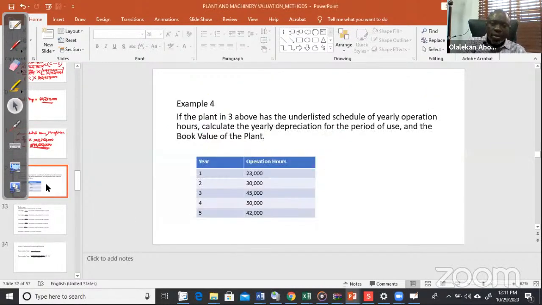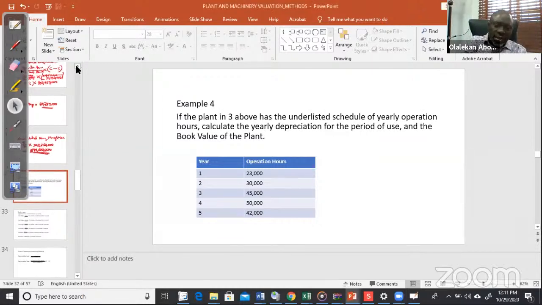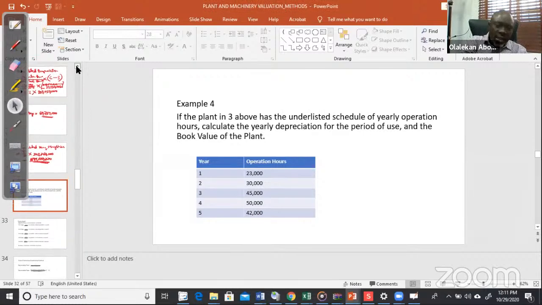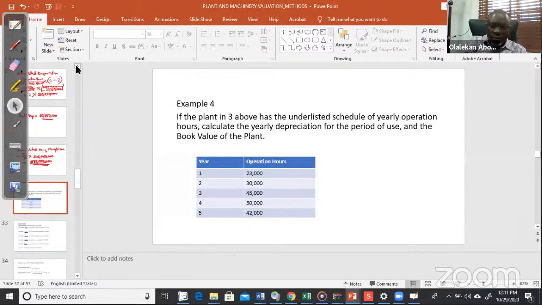Now, I want you to see this example. If the plant in example 3 above, not the last one, that first example we did, has the underlisted schedule of yearly operation hours, calculate yearly depreciation for the period of use and the book value of the plant.